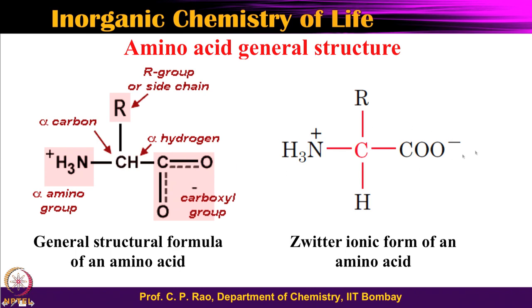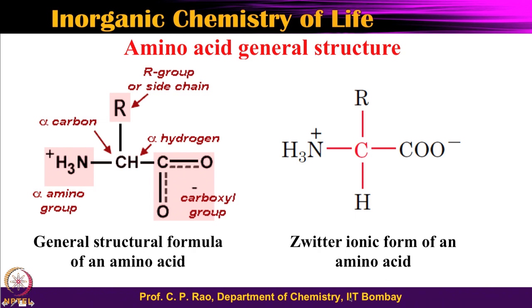The pH of the medium controls whether you have COOH or COO minus, NH2 or NH3 plus. Generally these are represented as the Zwitter ionic structure. The different amino acids come from the change in the R group.